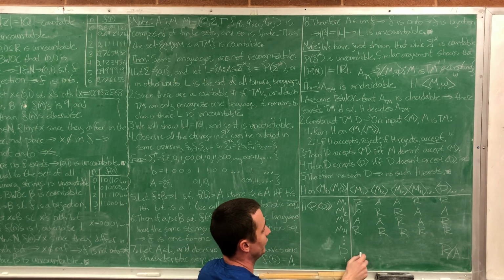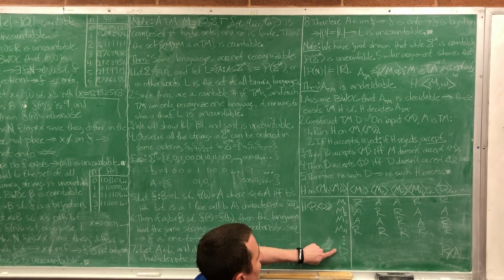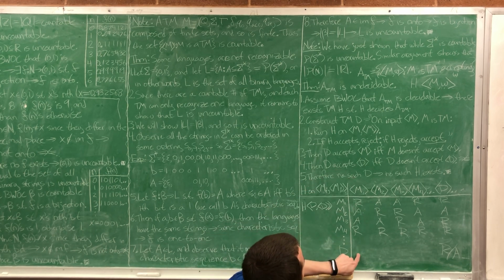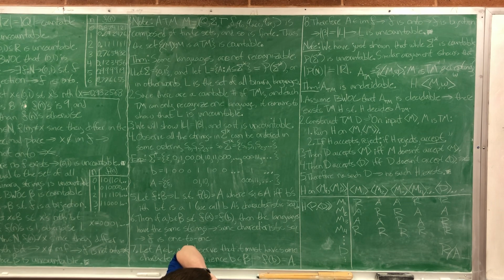D is doing the opposite of whatever H says. So D on M1 says R slash A. Shouldn't we be able to determine this?